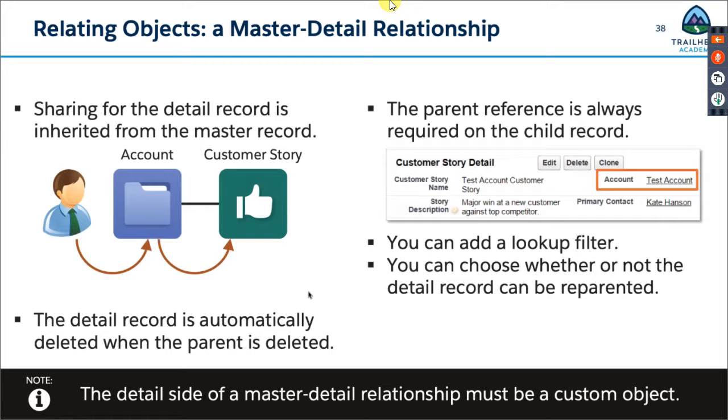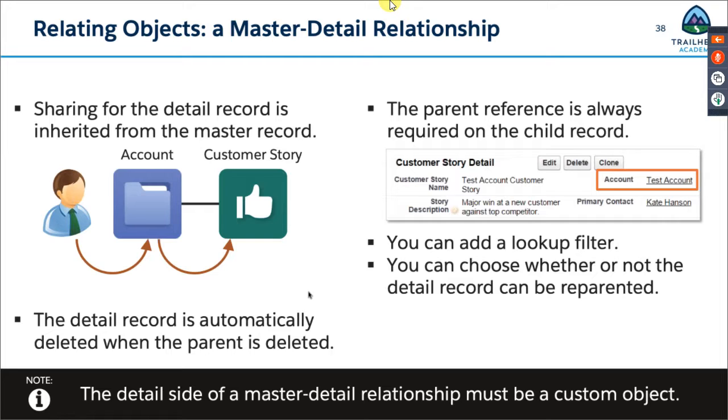All right, cool. So we talk about that. Now, a couple more things. If you delete, not as important because most of them can be simulated also with a lookup, as we'll see in the next screen. But the detail records are automatically deleted when the parent is deleted.